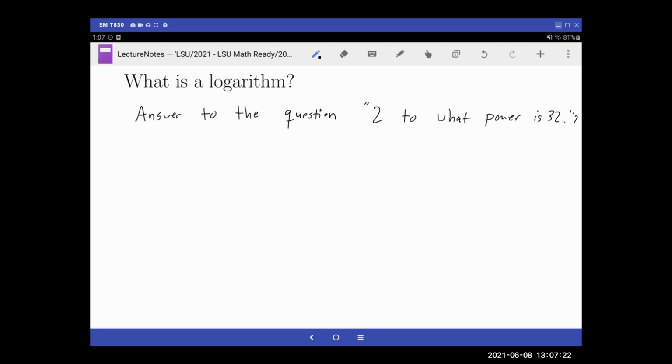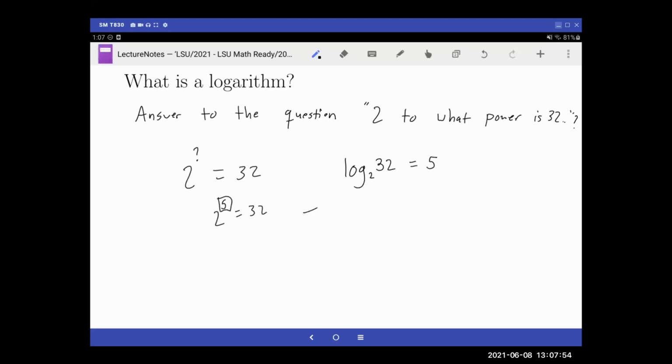The answer to that question, in other words, 2 to what power equals 32? Well, maybe you know that 2 times itself 5 times would be what you're looking for there. It would be a 5. But another way to think about that is that would be log base 2 of 32. If you were to type that into a calculator, it equals 5.